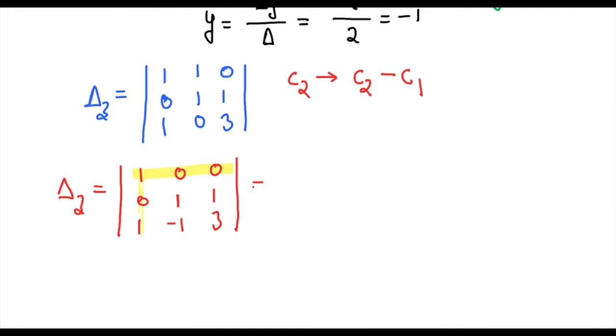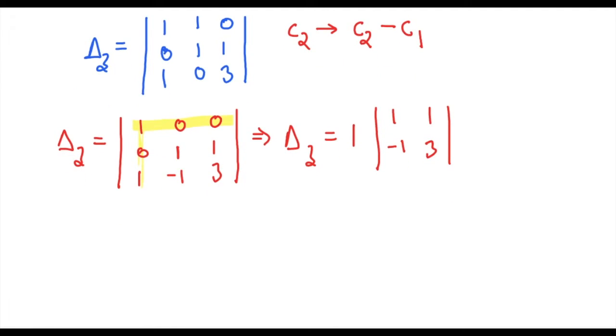So we'll get del y is equal to, no, it is del z. Del z is equal to 1, the first term, and leave the yellow portion. Cross multiply and subtract them. So this will be 1 into 3 minus 1 into minus 1, that means plus 1.